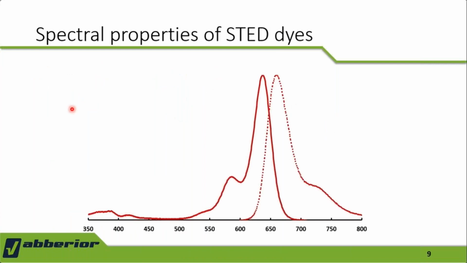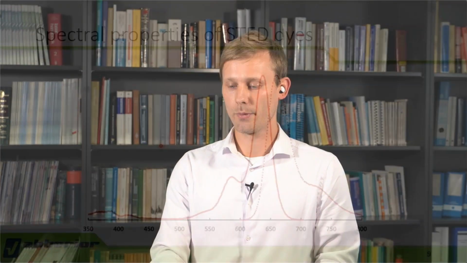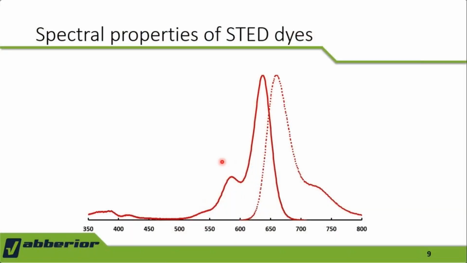Now, what else do we need for good fluorophores being suitable for live cell STED microscopy? Well, the spectra have to fit with our STED laser. This is a slide Francesca has shown us already. So briefly, we need an excitation laser, of course, to excite our fluorophore. In this case, it's a 640 nanometer laser.